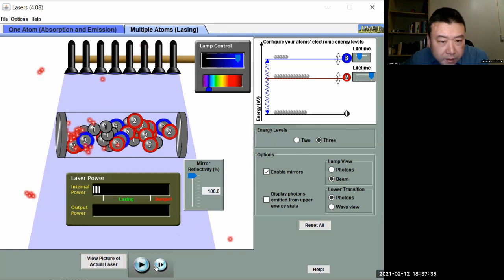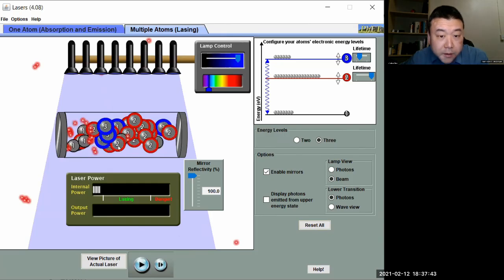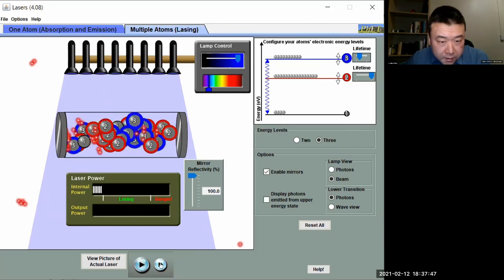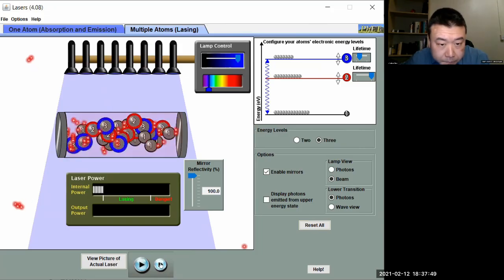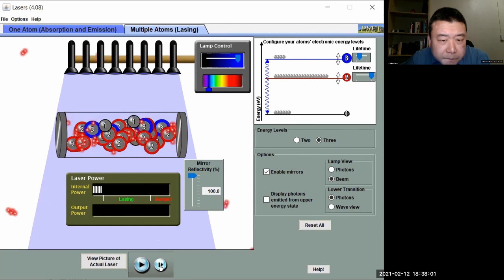So let me see if I can capture that. Okay, I think one of these two particles will hopefully hit either this or this atom before they decay. Then you will see stimulated emission taking place. So this is just to hit that too. And I think, did that just appear with that? No, I think that just decayed on its own.